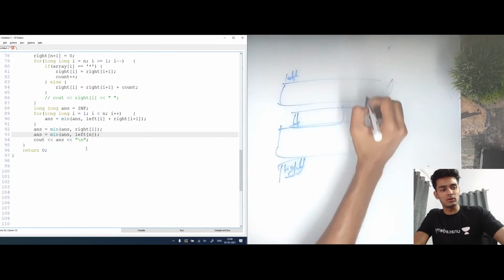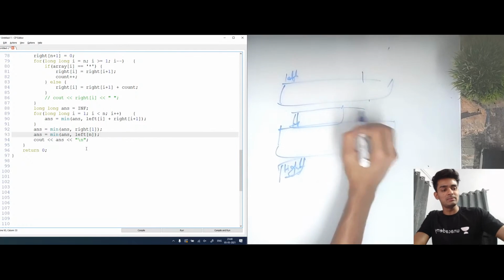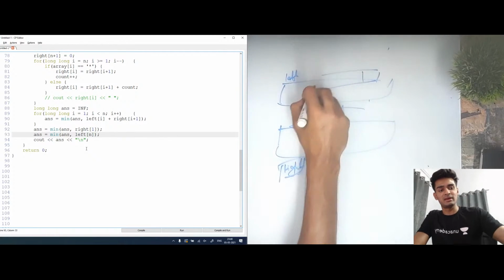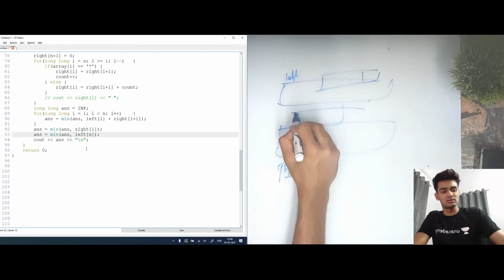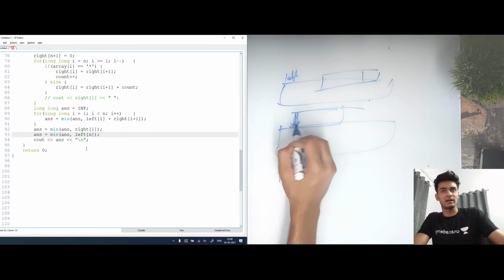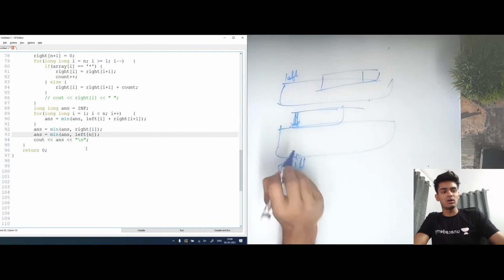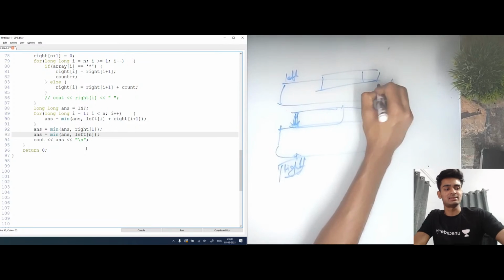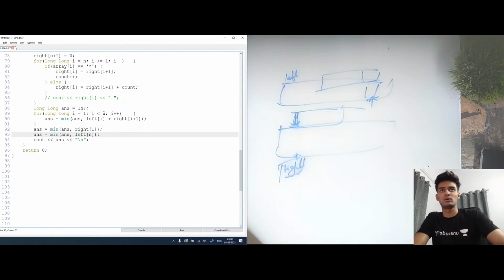And similarly for the left, that there is no sheep in the right direction, but all the sheep are on the left. That is why we need to consider right of 1, that every sheep is on the right of the first index, or every sheep is on the left of the last index. That is why we took answer, right 1 and left n. I hope this is clear to Gaurav now.